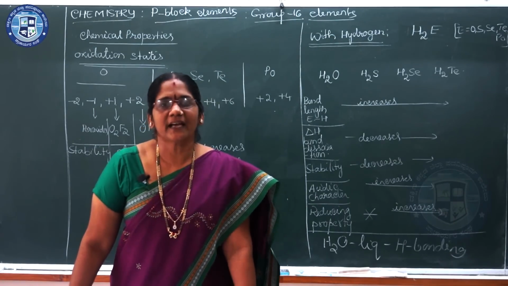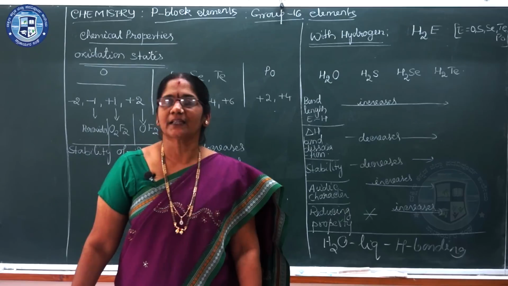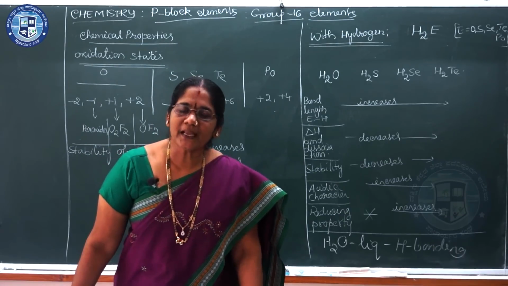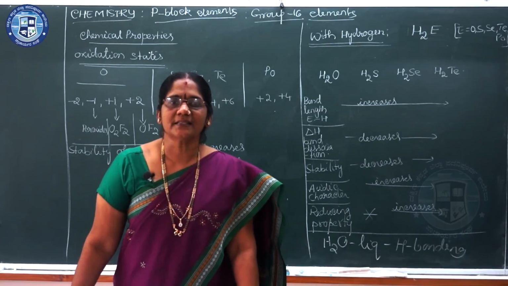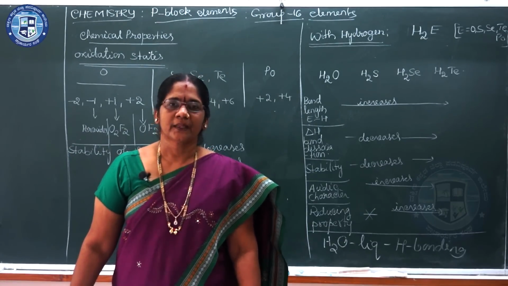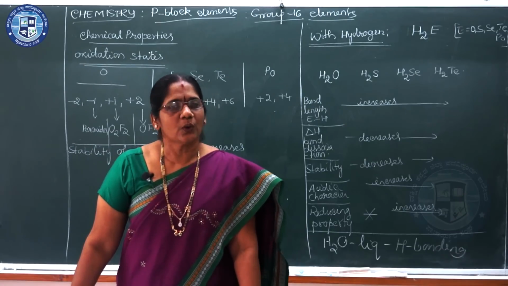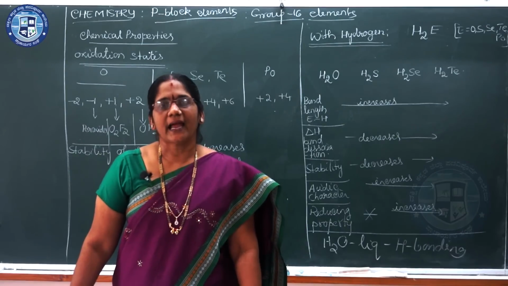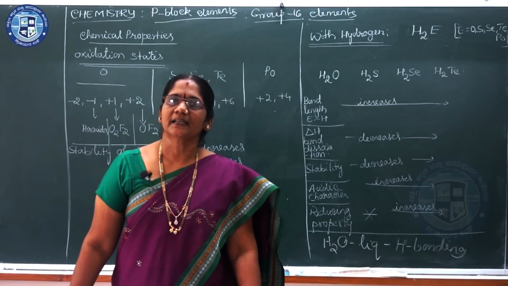We also have started group 16 elements, the oxygen family, and you are familiar with the occurrence of group 16 elements starting from oxygen to polonium, and then you also have studied some of the atomic properties and their variation trends down the group.